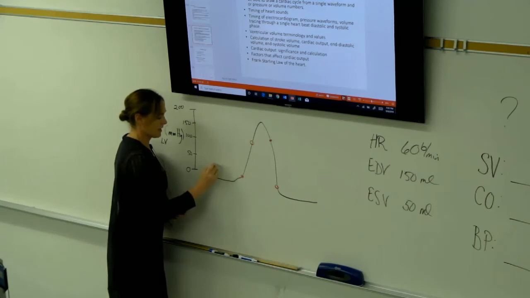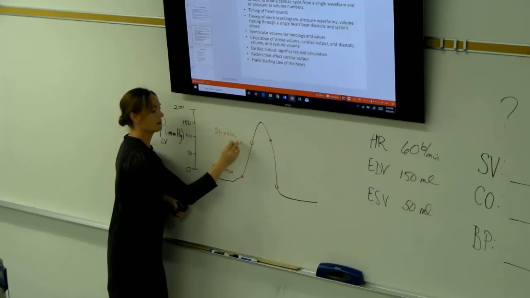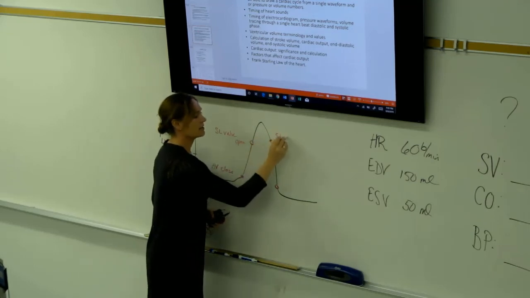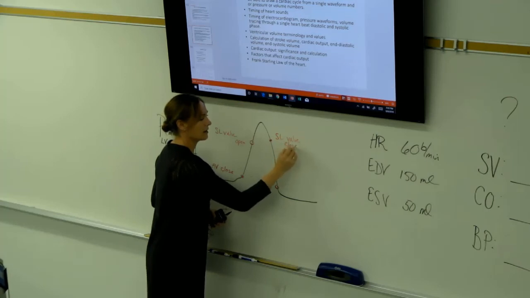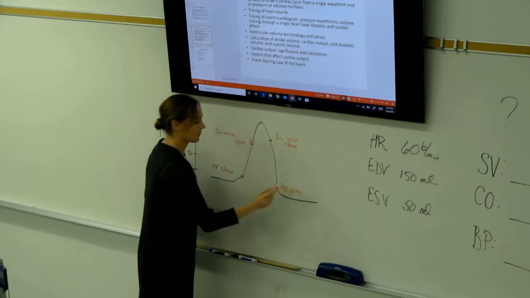This one is where the atrioventricular valve is going to close. This one is where the aortic semilunar valve will open. This one over here is where the aortic semilunar valve will close again. And then down here, we're going to finally open up the atrioventricular valve.